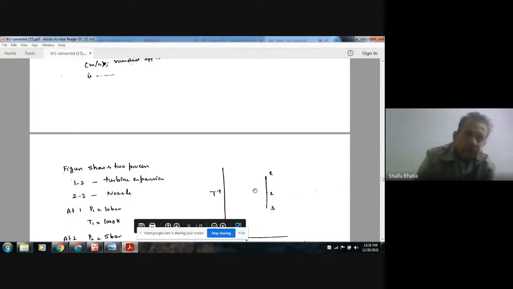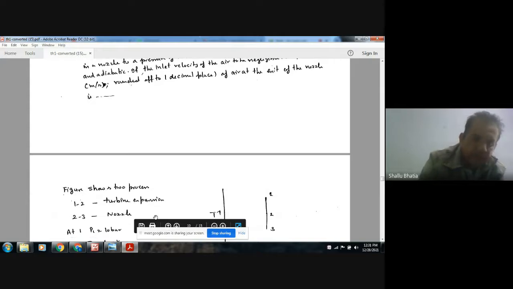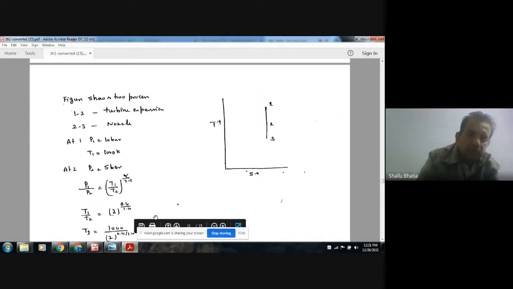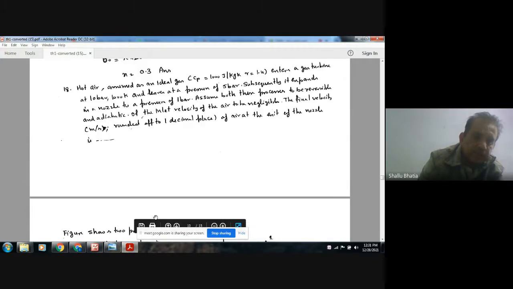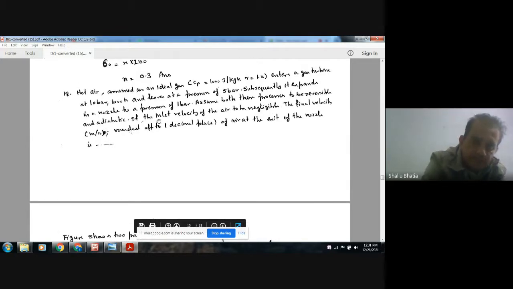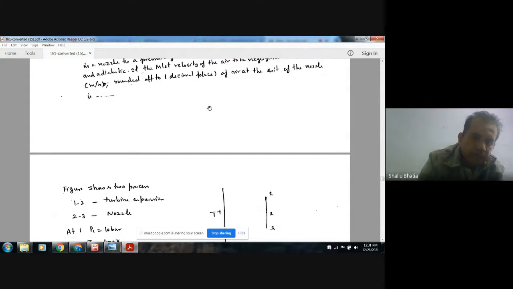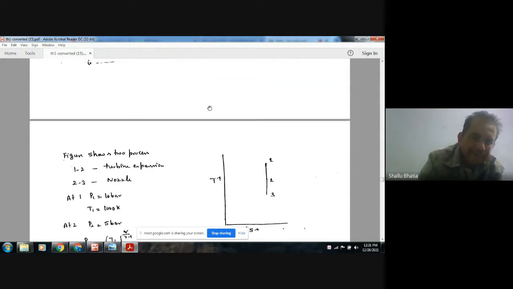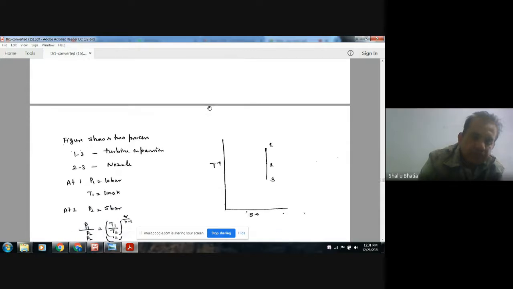These are the turbine expansion 1-2 and the nozzle 2-3. P1 is 10 bar and T1 is 1000 Kelvin. Now P2 is 5 bar.